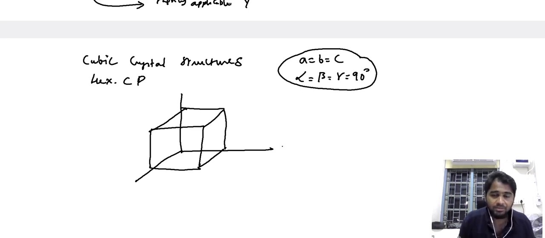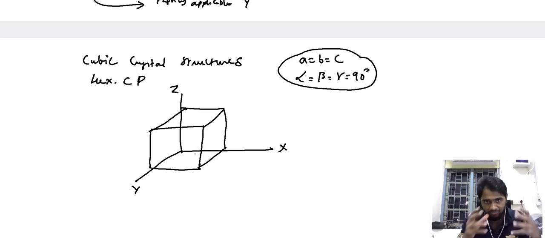Initially, when we don't have this unit cell, we do it using the Cartesian coordinate system. But now we are talking in the context of the unit cell, so we need to know how to describe a point within this unit cell.